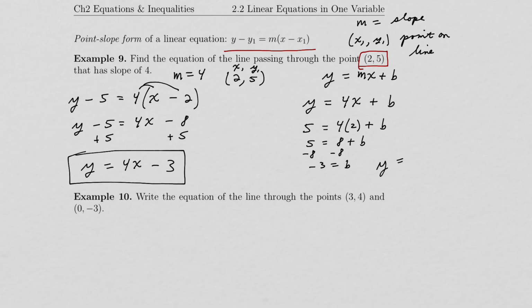It's y equals mx, so the m was 4, and then plus b, but b is minus 3. So you're going to get the same answer. So sometimes you could solve the equation using the point-slope form, or you could just use the slope-intercept form, right? Either way will work.